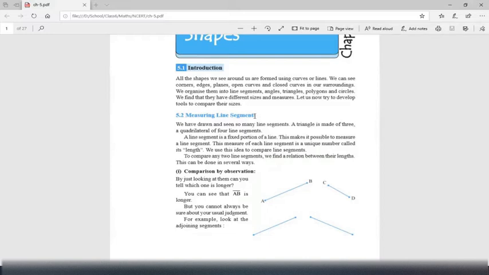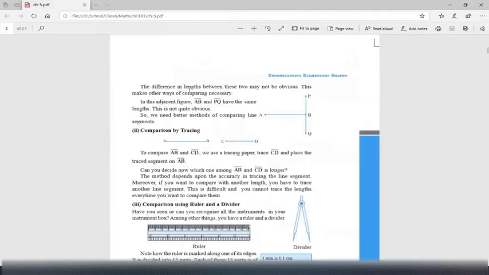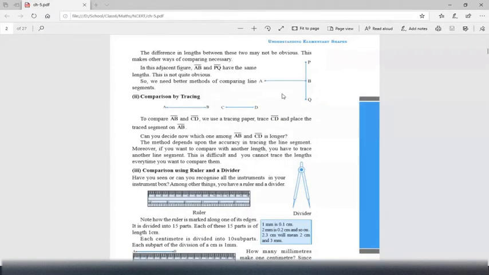So that is the thing. If it is close, if the difference is not much, you have to measure and find out. The difference in lengths between these two may not be obvious. This makes other ways of comparing necessary. It says in the adjacent figure, line segment AB and line segment PQ have the same lengths.